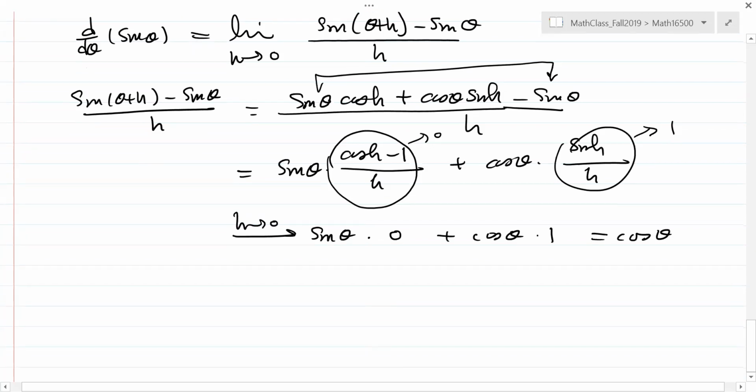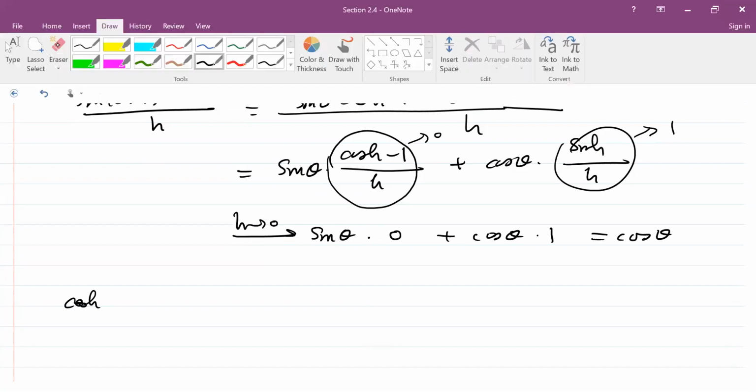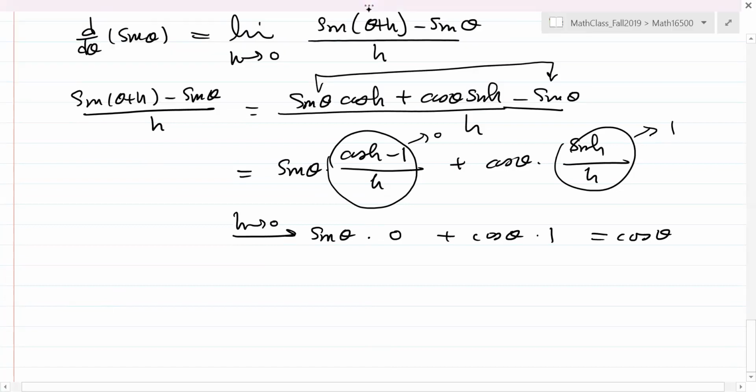Right? Why does cosine h minus 1 over h approach 0? The reason is very simple.